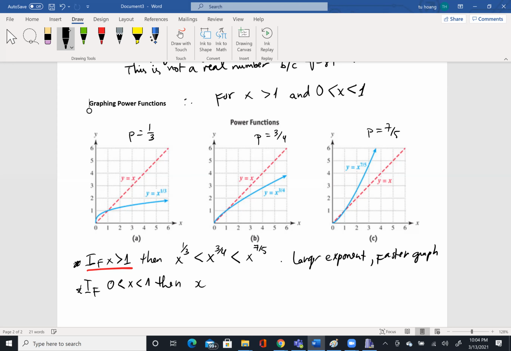We have x to the power 7/5 going to be less than x to the power 3/4, which is less than x to the power 1/3. So the smaller exponent gives a larger y value.